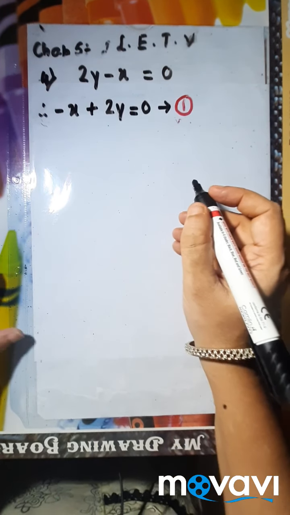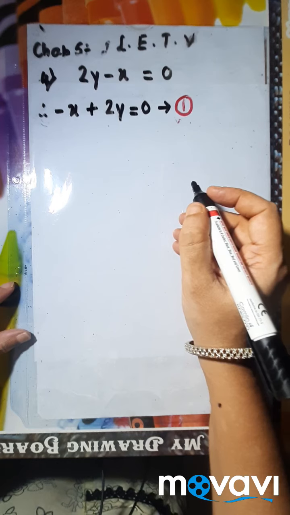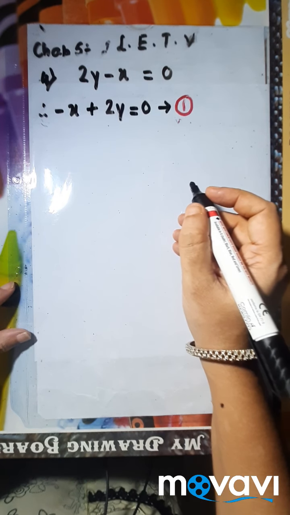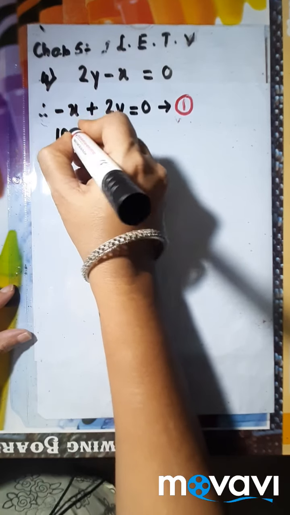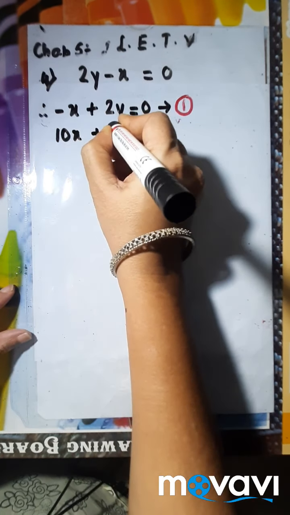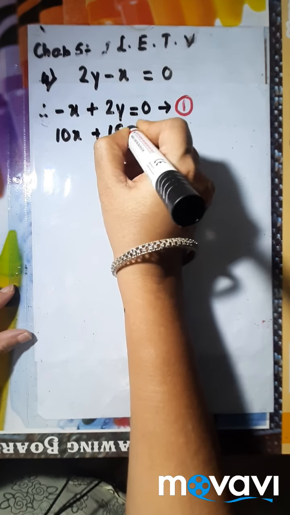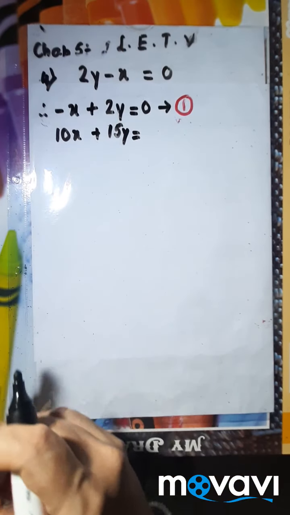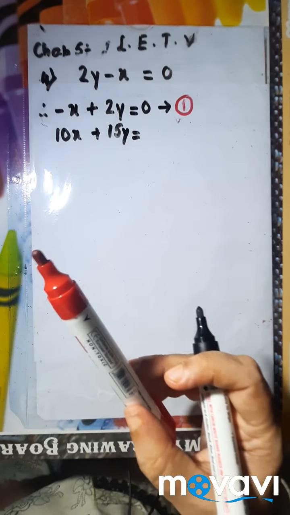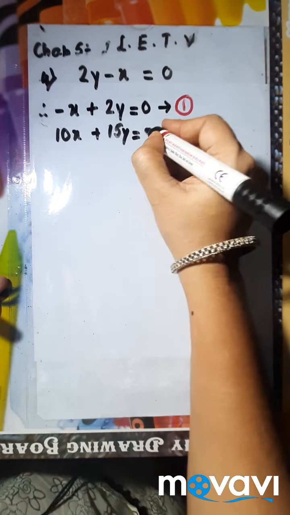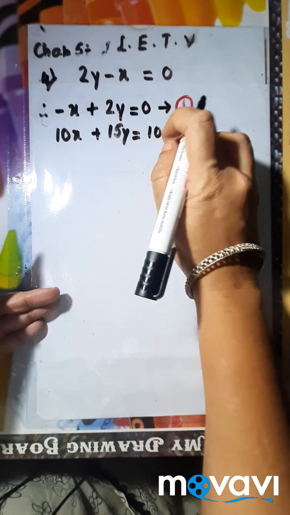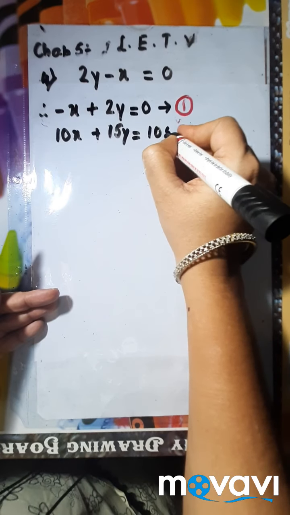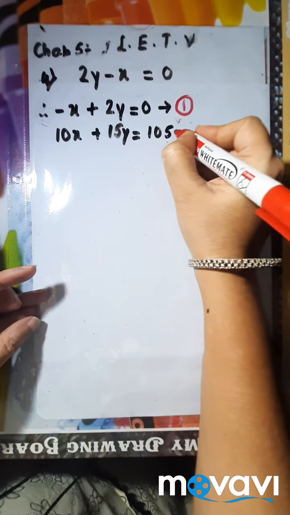The next equation is 10x plus 15y equal to 105. Okay, this is my equation 2.